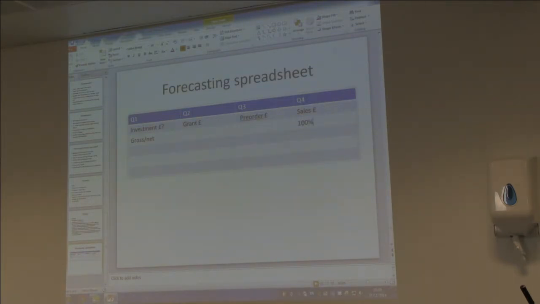So that's how many apps you've shipped, but then your net sales are going to be only 70%, because of course the app stores take a 30% commission right off the top. So this is gross. This is net.